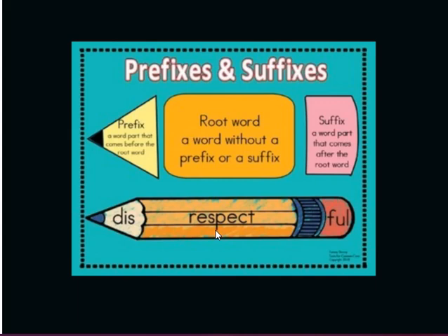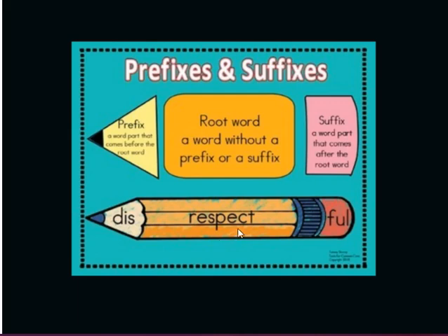But then here, I add a prefix, which is added to the beginning of the root word, and the whole word changes. A prefix is a word part that comes before the root word. So now I have disrespectful.